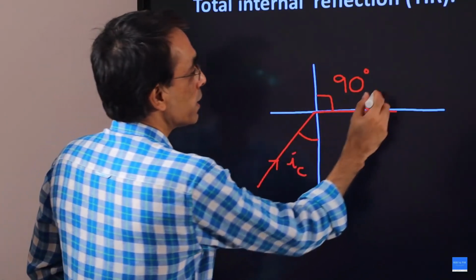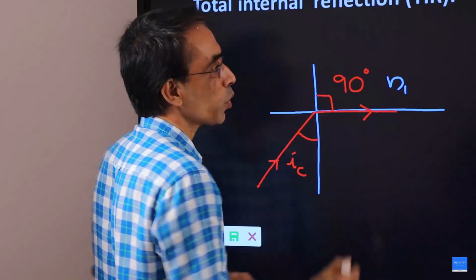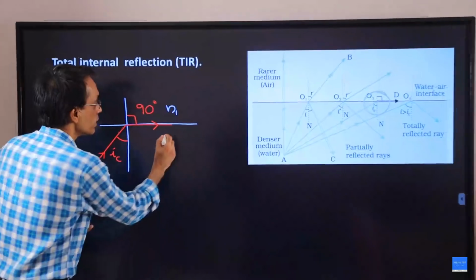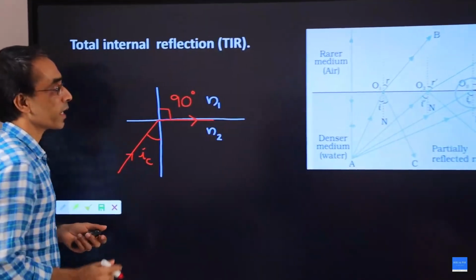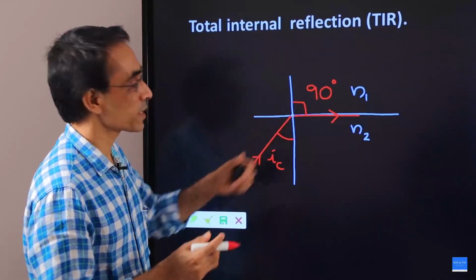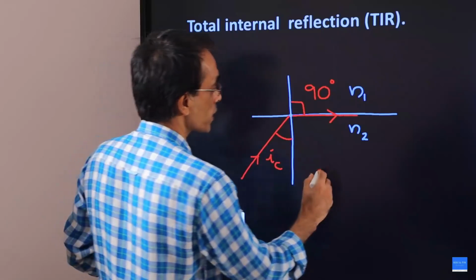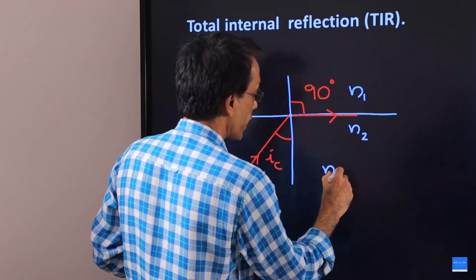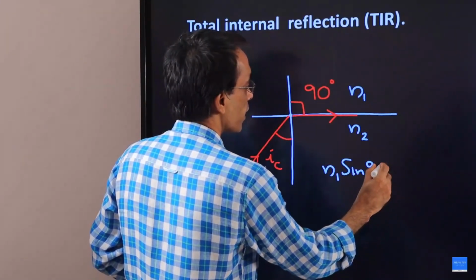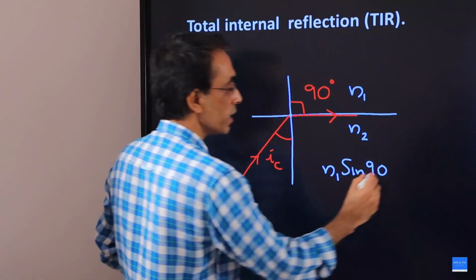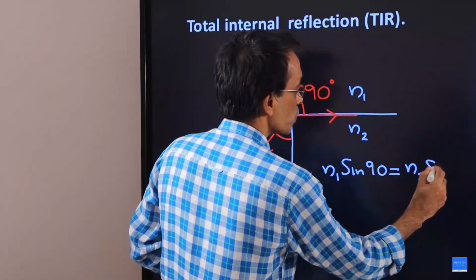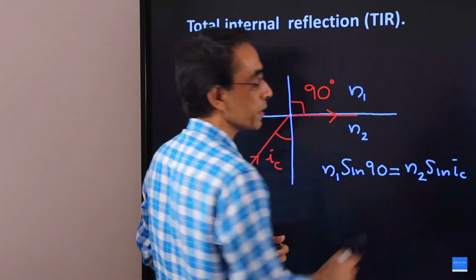Okay. Now this is the first medium. You normally call air the first medium because that's where we live. This is inside water. This is called n1 and n2. Now can you apply Snell's law at this point? You can apply Snell's law at this point in this format. n1 sin 90 should be equal to, the second medium is n2 sin iC.